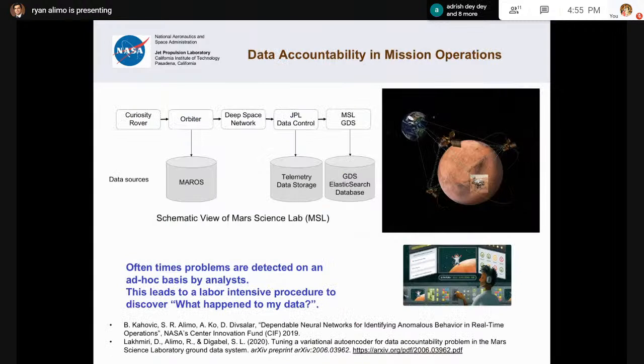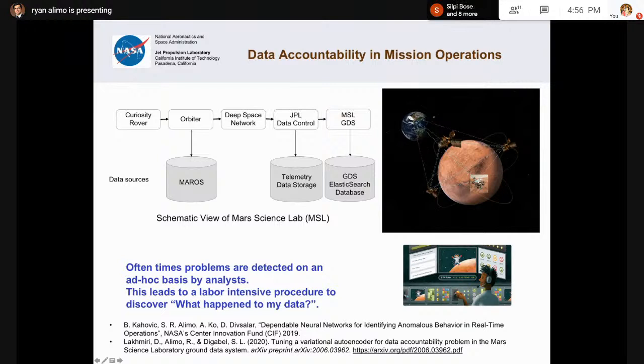One of the areas that I'm actively working on is data accountability in mission operation. What do we mean by data accountability? Usually, there are some losses in the data that the Curiosity rover, called MSL, sends to us. Maybe the orbiters send the data to the DSN, and the DSN is going to send it to JPL.